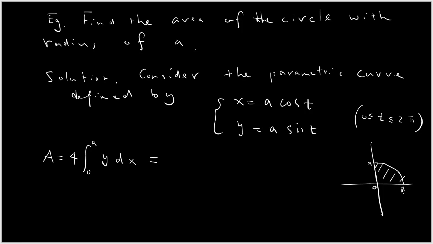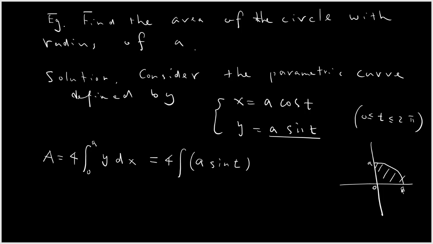So this is 4 times. Now we are going to convert the integral to a new integral of t. In particular, we replace y with a sine of t. So do you see the circled part is y? y is a sine of t.